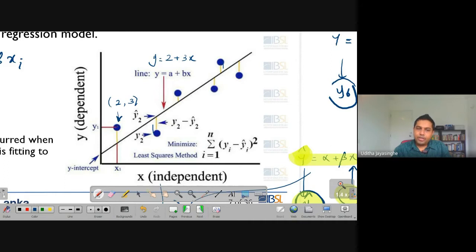Then what are we going to do? Now this value is something different. But then again, we are going to calculate a y hat value, a y hat 1, which is this red color highlighted value. How do we calculate it? By simply taking the equation itself and then substituting this x1 value here.